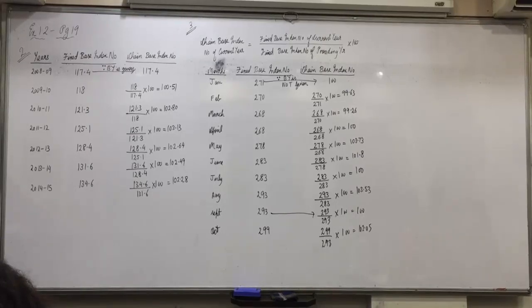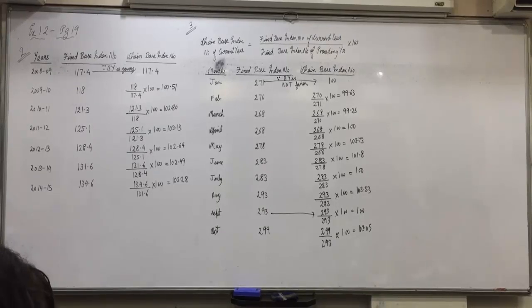Now you are given with chain-based. Compute the fixed-based index numbers. Take 2007 as base year, no relevance. Whichever year you take as base year, in conversion of CBI to FBI, first year value will always remain same. Are you all clear with it?